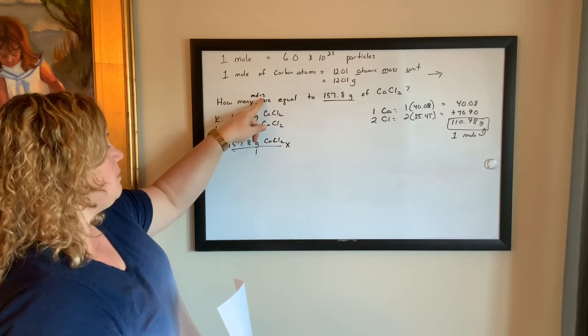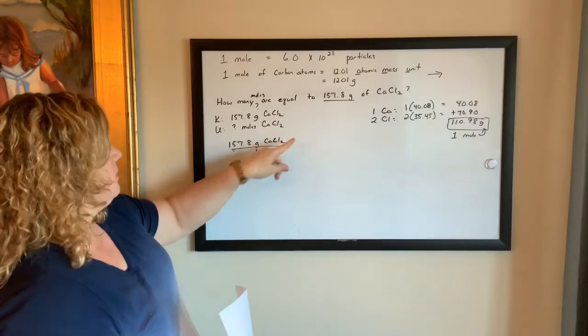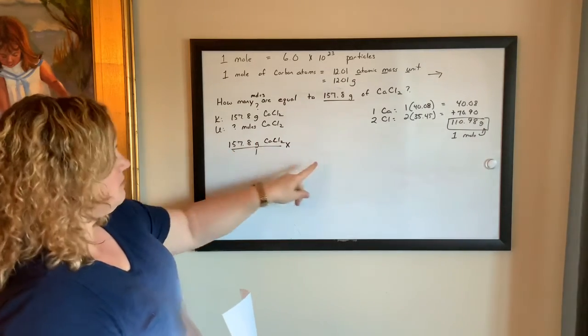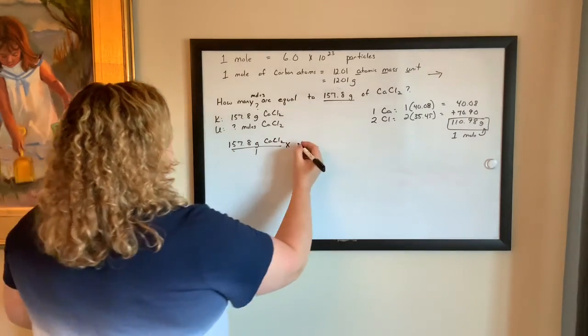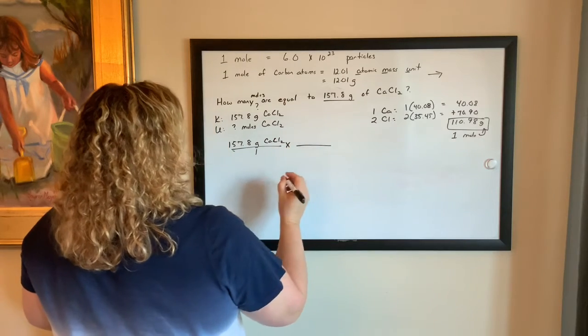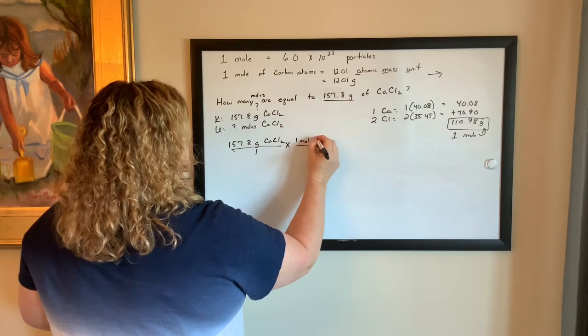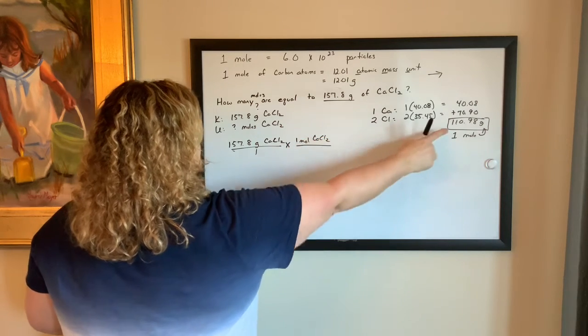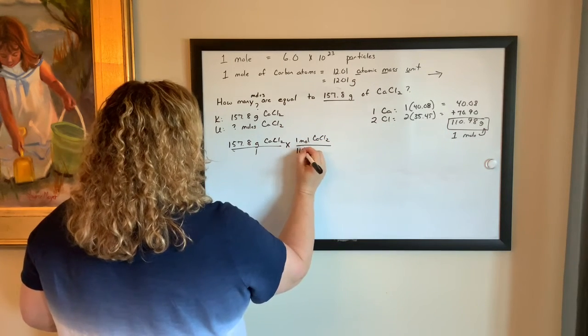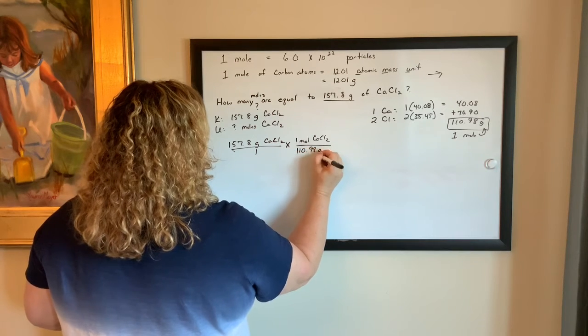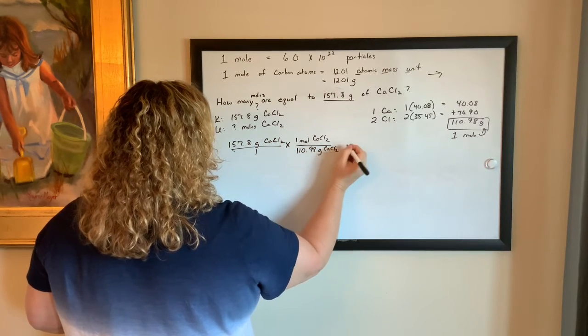It wants to know how many moles. Moles should be in the top. We've got grams here. We have to get rid of it. It should go downstairs in the basement in the denominator. So we're going to put our moles here. 1 mole calcium chloride equals 110.98 grams of calcium chloride.